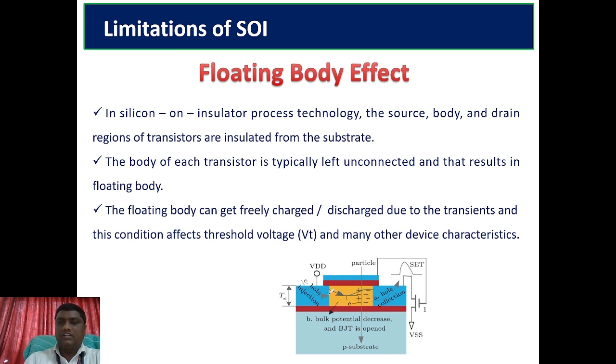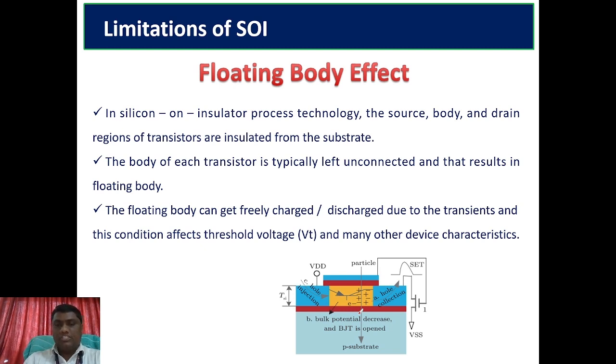Therefore, that results in the floating body, and you can observe it in this picture. The floating body can be freely charged and discharged due to transients, and these conditions affect the threshold voltage and also other device characteristics like the drain current, electric field, and energy levels of the devices.